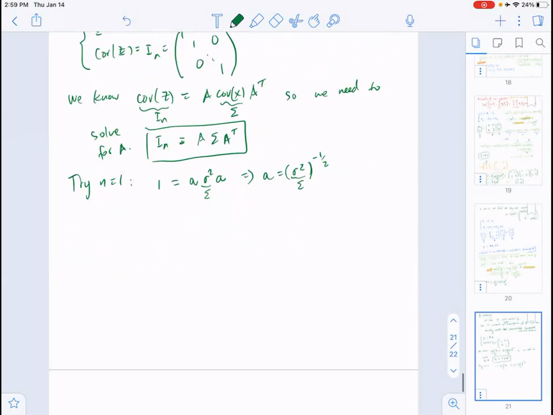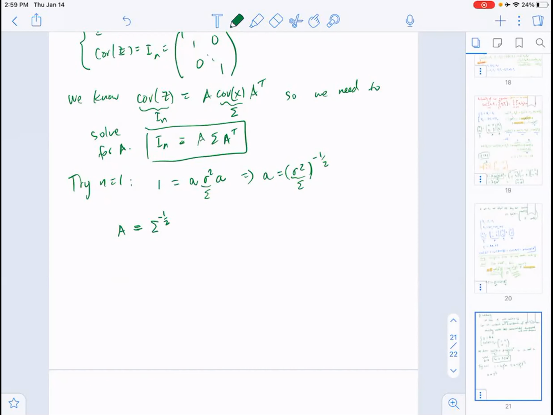So what will be the solution of the general one? Can you guess? Would it be the covariance matrix of X to the power negative 1/2? Yes, minus 1/2.